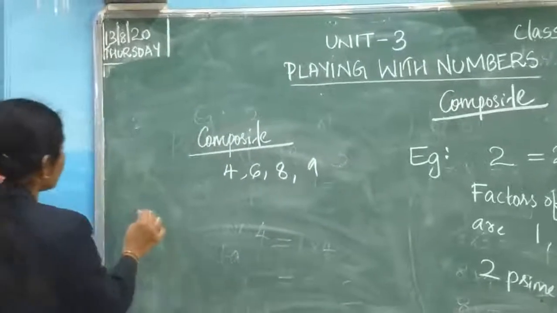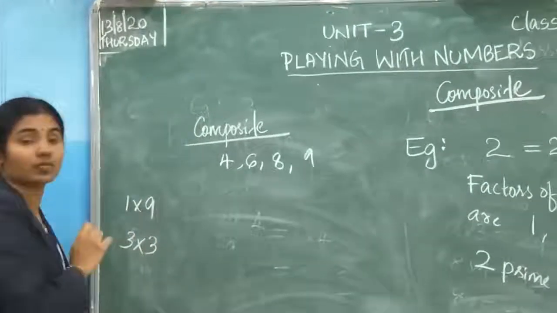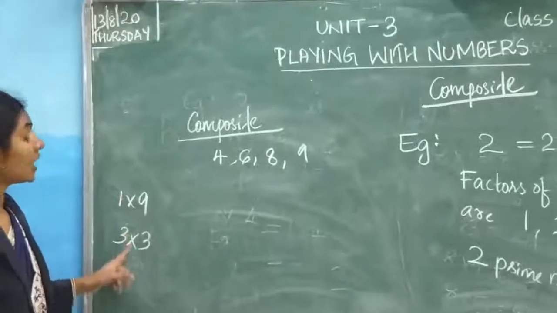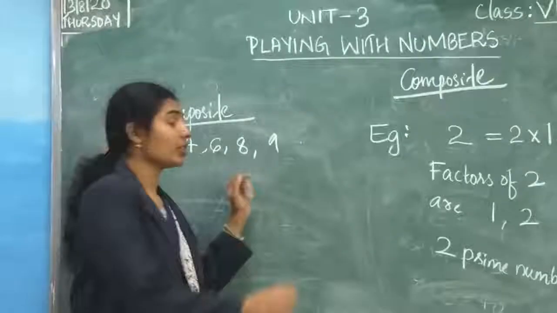What is the reason? 9 you can write as 1 nine and 3 threes. That means it has more than 2 factors, so 9 is a composite number.